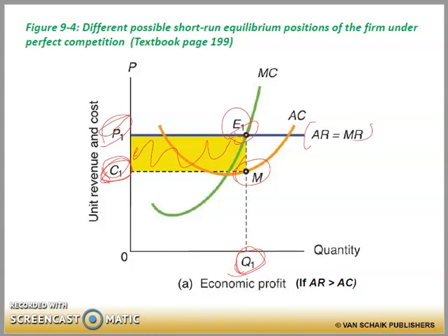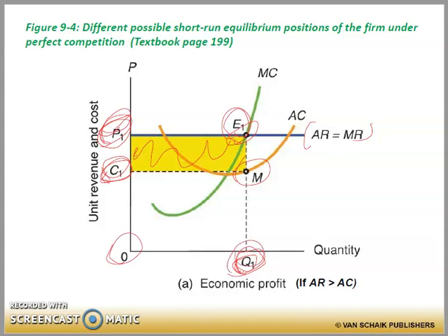represented by Q1. Alternatively, the area representing total profit can be obtained by subtracting the firm's total cost from the total revenue. So the firm's total revenue is equal to the price of the product P1 multiplied by the quantity produced, which is Q1. This is equal to the area of 0, P1, E1, as well as Q1.